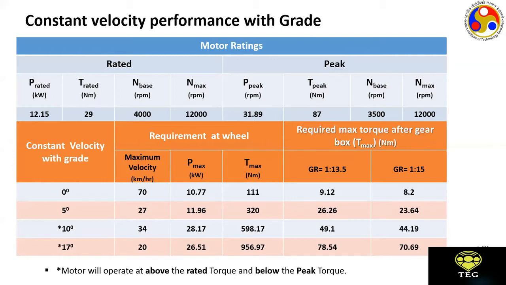So maybe it has to maintain a constant speed of 30 kilometers per hour or 35 kilometers per hour at full load while going up a grade. Those are the requirements which we should ensure that the motor we are using is able to give, and the vehicle should be able to meet the minimum requirement. So that is what we did with the grade analysis.